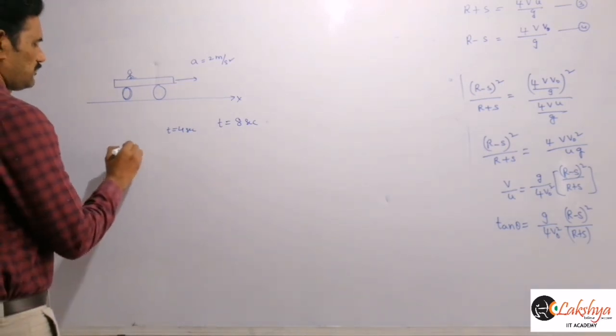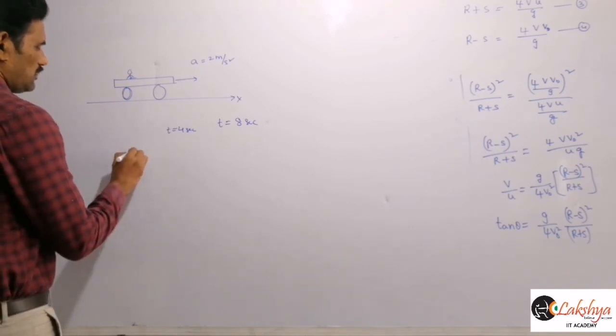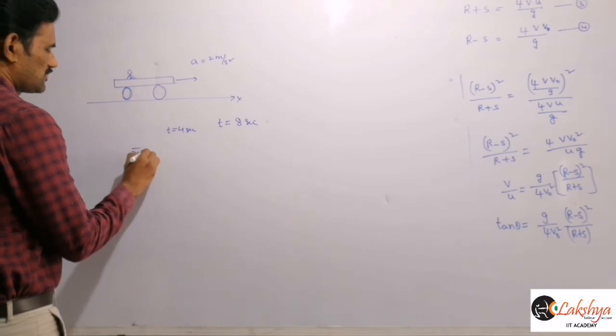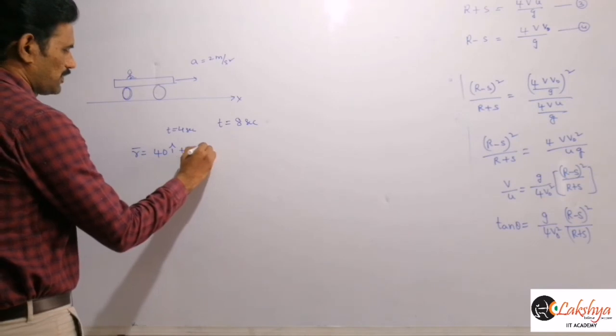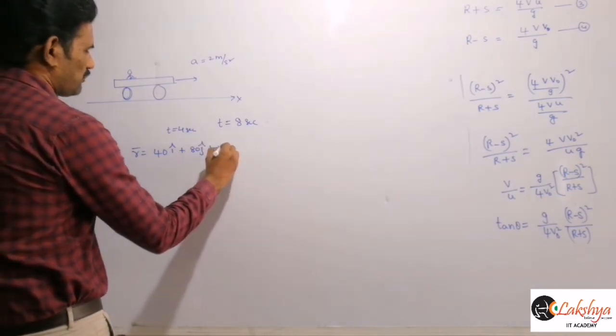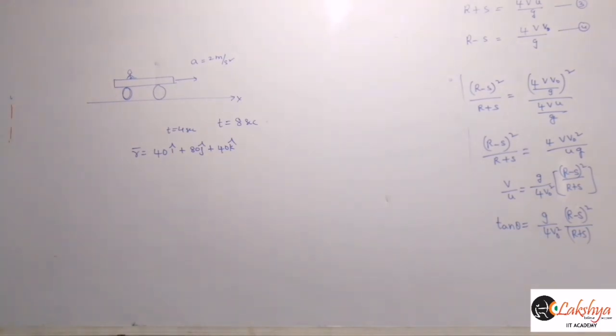If the position vector of the bird is 40 i cap plus 80 j cap plus 40 k cap, the position vector of the bird is 40 i cap plus 80 j cap plus 40 k cap.